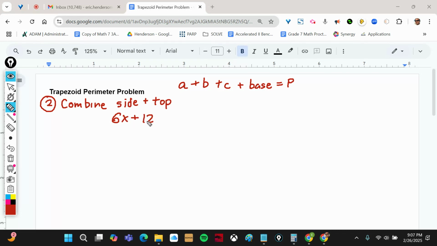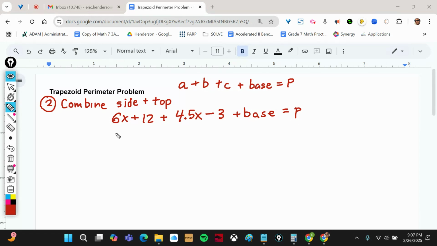That's the sides plus the top, which was 4.5x minus 3. And then we said plus the base. Let's just say equals P for now.